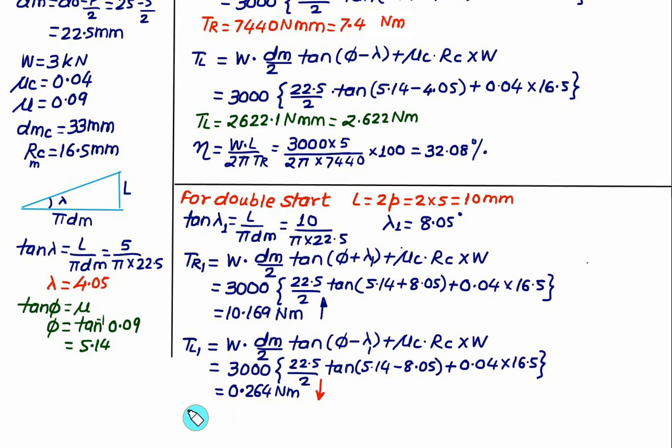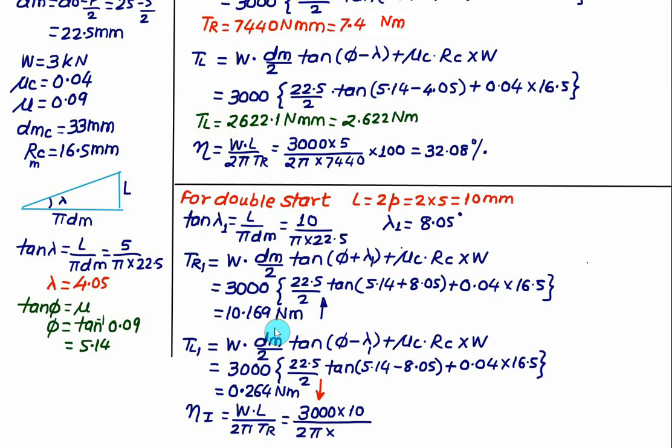So efficiency in the case of double start will be equal to W into L divided by 2 pi into torque required to raise the load. We have W equal to 3000. This time we have to take the lead, L is equal to 10 divided by 2 pi, and we have torque required to raise the load.